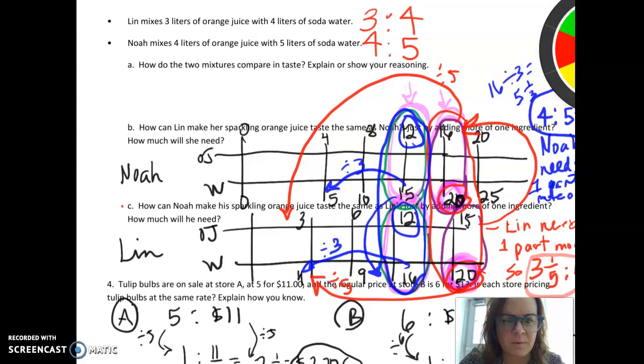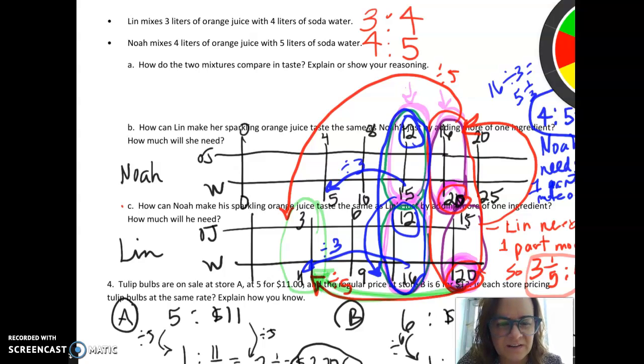If we were making a huge batch here, she would have 20 parts water, and she would just need to add one more part orange juice to make the same taste as Noah. Then if we look at her original recipe, because this is really where we're trying to get to, her original recipe is 3 parts orange juice to 4 parts water. To go from 20 to 4, we have to divide by 5, right?